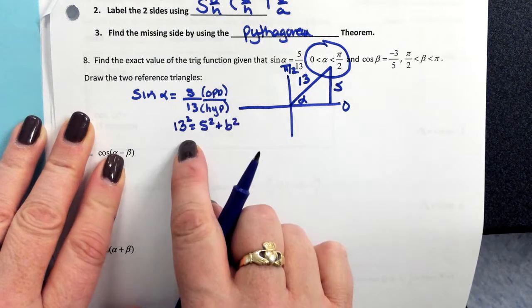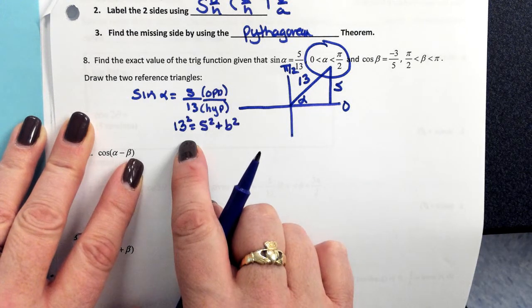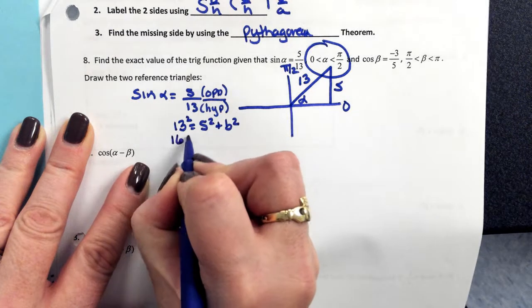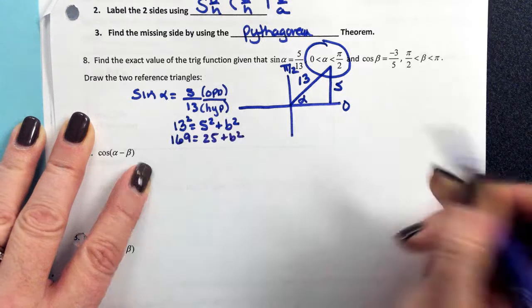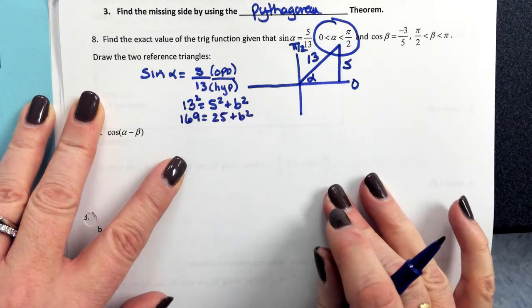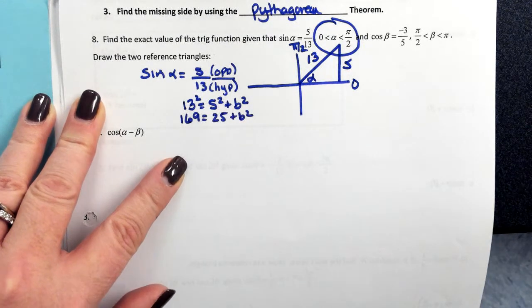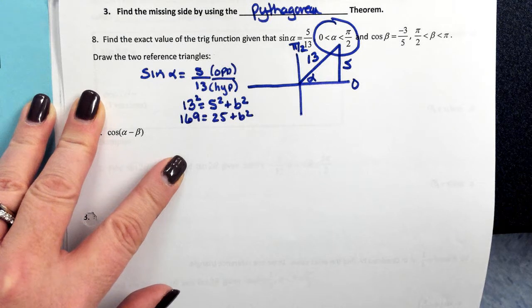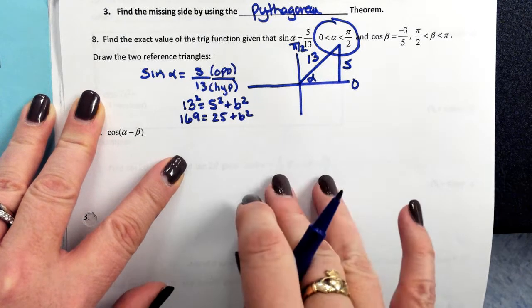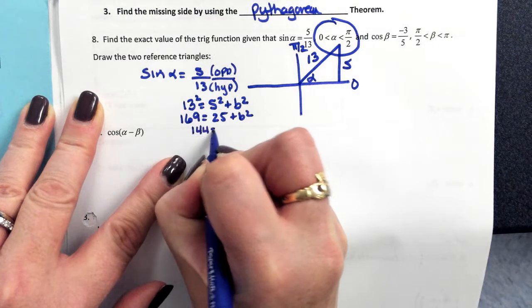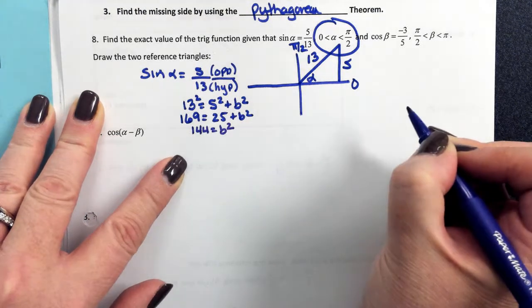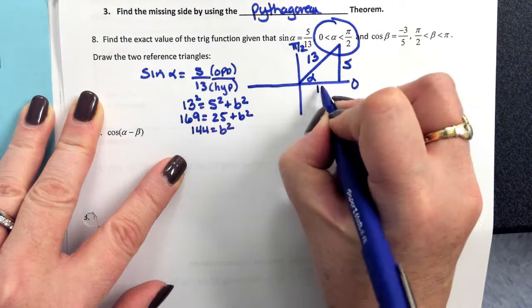What is 13 squared? 169 equals 25 plus b squared. Remember, 13 squared is 169, 14 squared is 196. They just reverse that 6 and the 9. So when I subtract 25, 144 is equal to b squared. So b is going to be equal to 12.